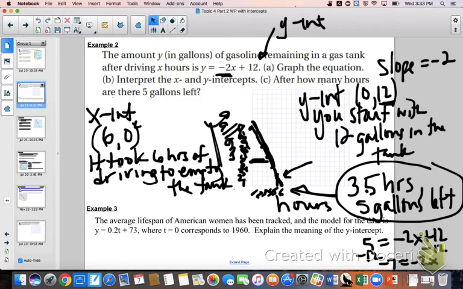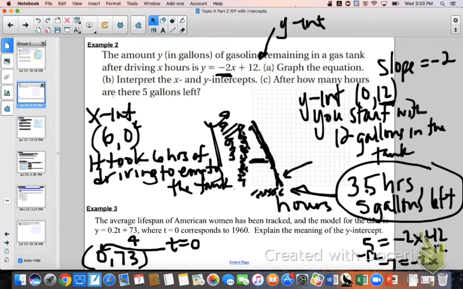Example 3. The average lifespan of American women has been tracked, and the model for the data is given by y equals 0.2t plus 73, where t equals 0 corresponds to 1960. Explain the meaning of the y-intercept. So the y-intercept, we know from the graph, is (0, 73). Now on this one, t equals 0, and 73 is the average lifespan of American women.